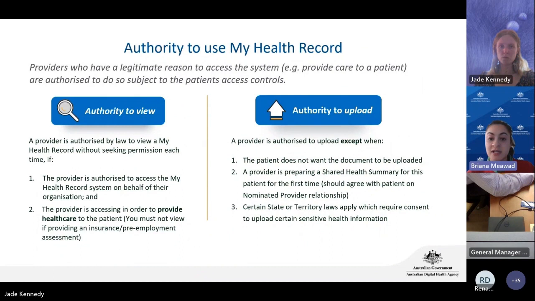So if the clinician is seeing the patient for something that they deem sensitive medically, they might ask the patient, hey, would you like this shared to your My Health Record for your other healthcare providers to view, and give the patient an option in that moment. However, that is not a requirement. So again, it comes back to the clinical discretion of the provider unless the patient states that they don't want that document uploaded.